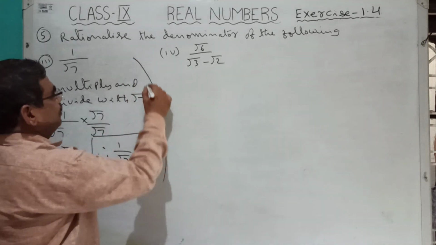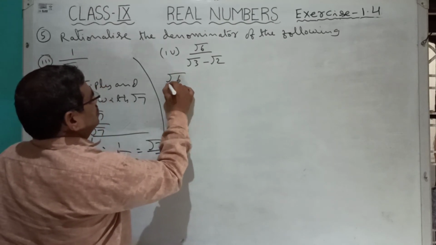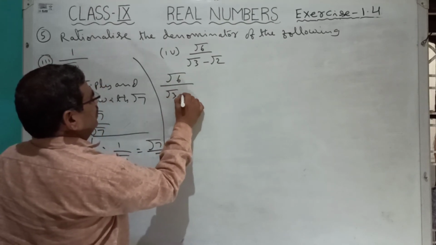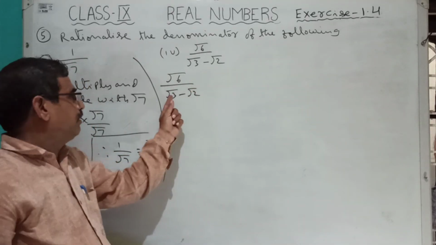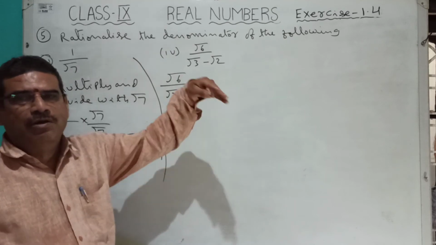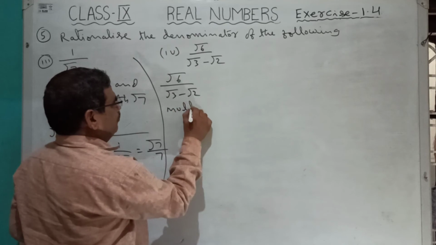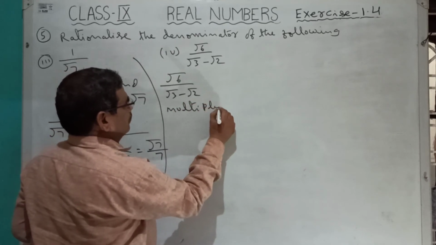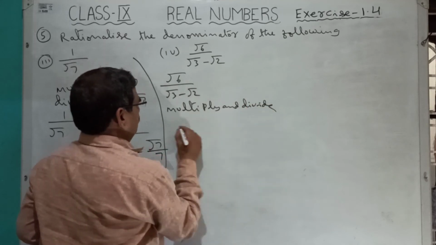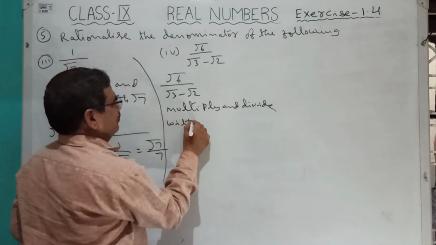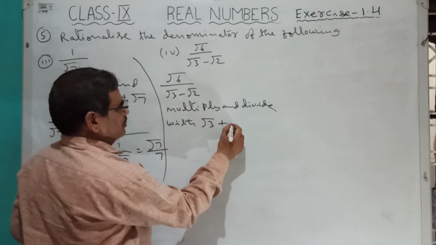So this is third question, fourth one. Root 6 by root 3 minus root 2. Same procedure. In denominator a minus b is there, so I have to multiply with a plus b. So multiply and divide with root 3, here minus is there, I have to multiply with plus root 2.